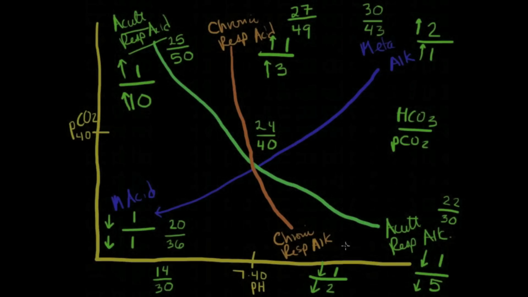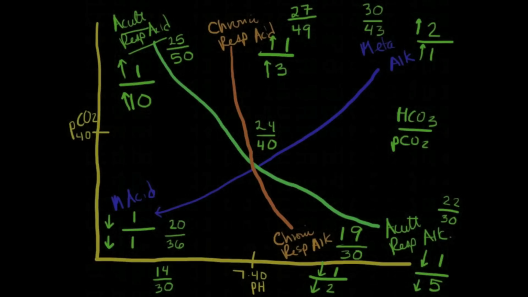Again, if we had an example where the PCO2 had dropped down to 30, that's about going from 40 down to 30. For every 2 of those would be 5, so we drop by 5. That means that our bicarb would then be about 19. So again, these are ratios. For every one that the bicarb drops here, the PCO2 drops by 1.